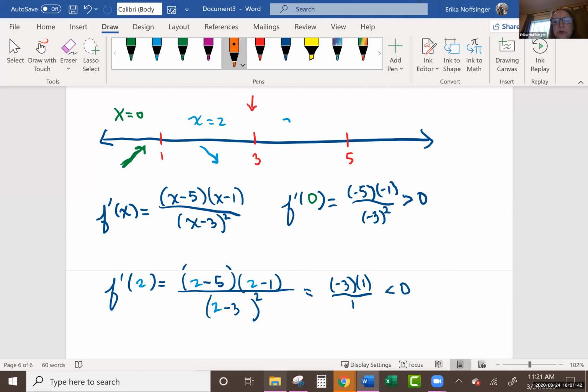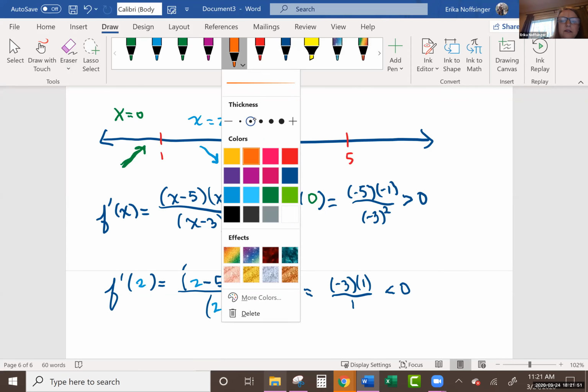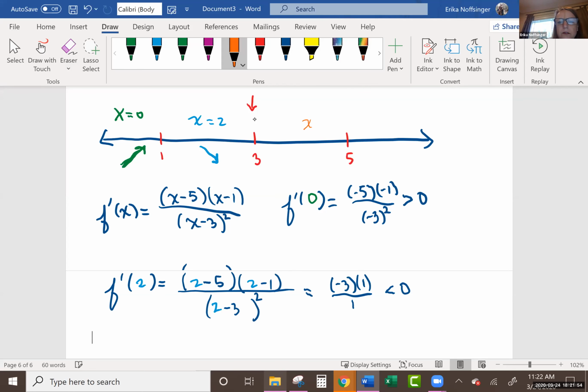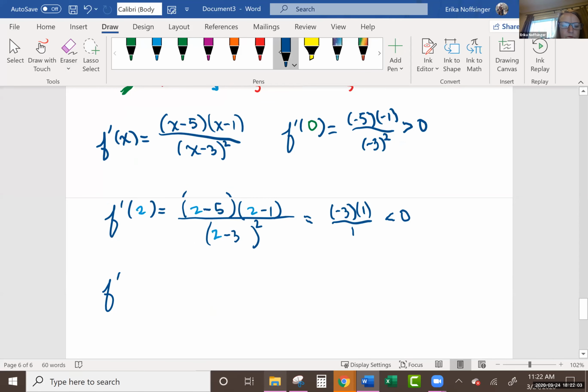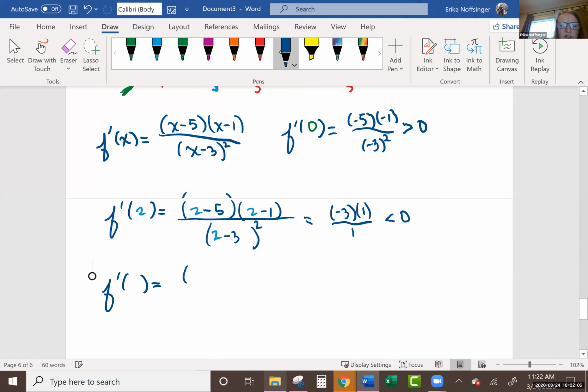If we chose x equals 4, and plugging that into our derivative, we have 4 minus 5, all times 4 minus 1, all over 4 minus 3 quantity squared.